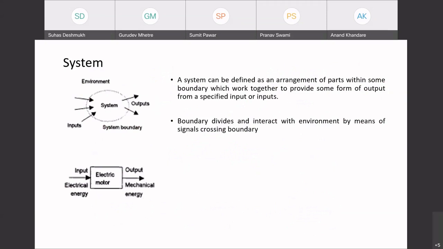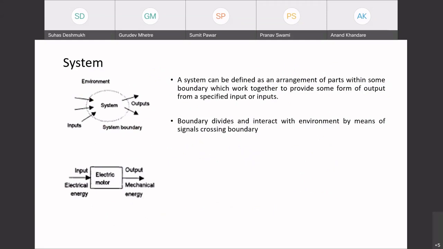So basically, any kind of system is nothing but a black box or a device which takes inputs and generates an output. When it converts that input into output, it involves its environment, its system boundaries, so many things.